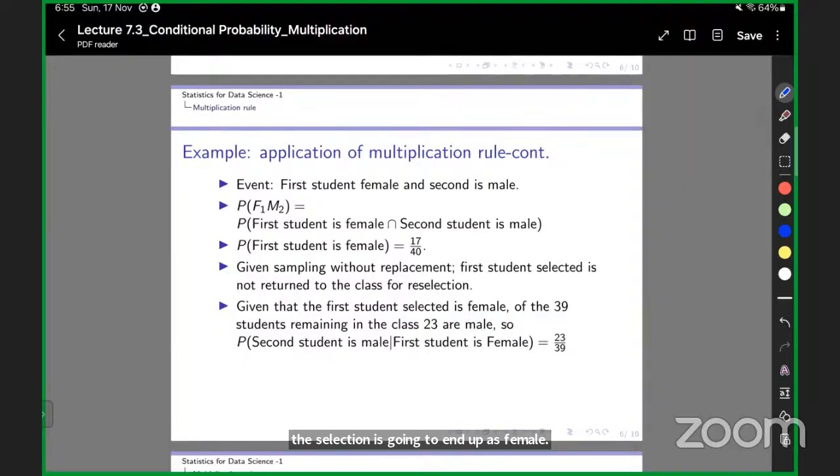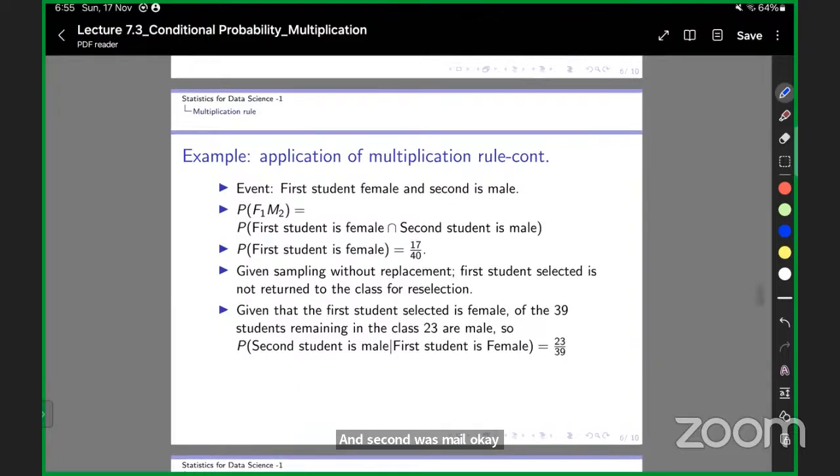Then the question is, what is the probability that first was chosen female and second was male? You can choose in four ways: female, female; female, male; male, female; and male, male.